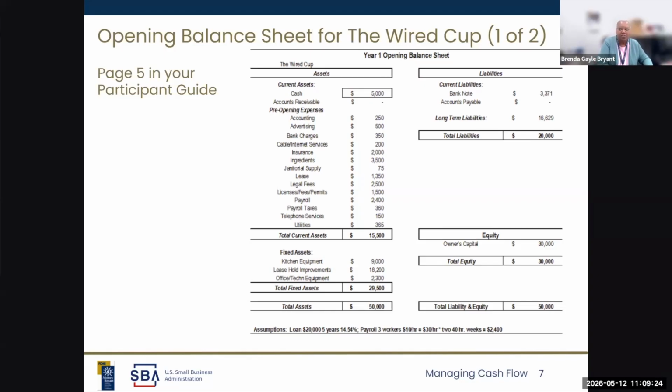I already have a handle on them. I know what they are and they're mine. But then I'm going to look on the other side and I have liabilities. Well, what are liabilities? They're just the opposite of assets. Assets are things that I own, but liabilities are things that I owe.